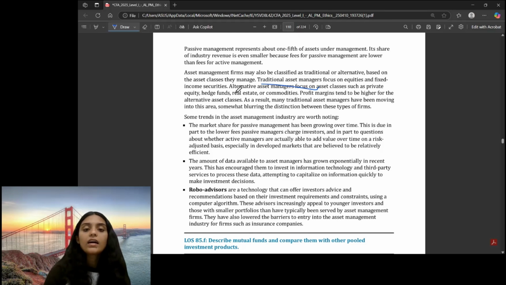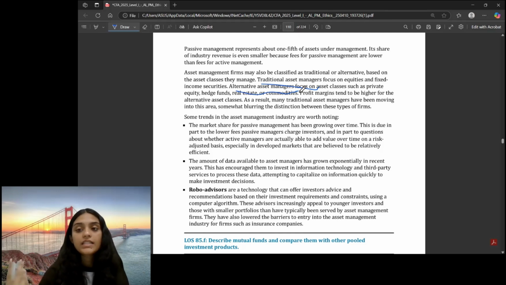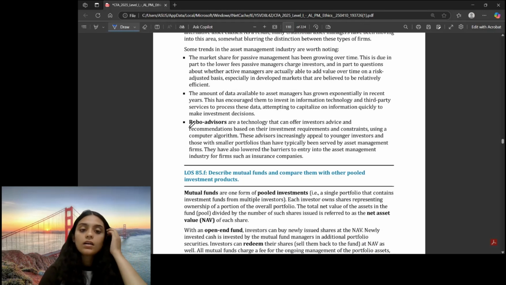And then there are alternative asset managers which focus on different kinds of alternative assets, for example, real estate, hedge funds, etc. Then there are robo-advisors. Robo-advisors use technology with the help of computer algorithms, which suggest stocks or give you investment advice.